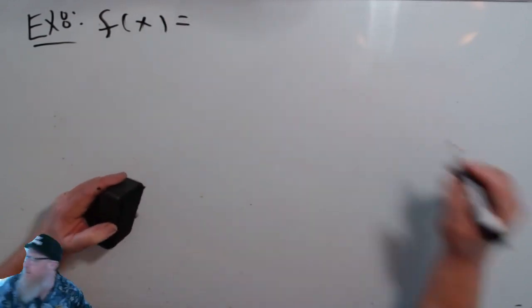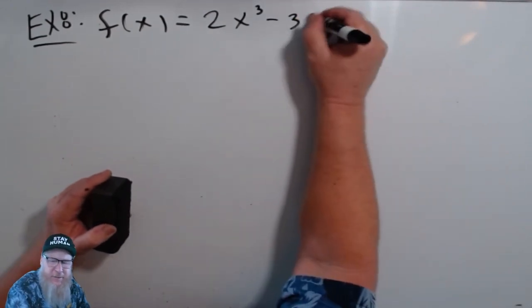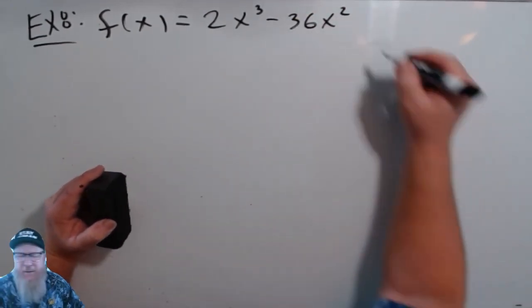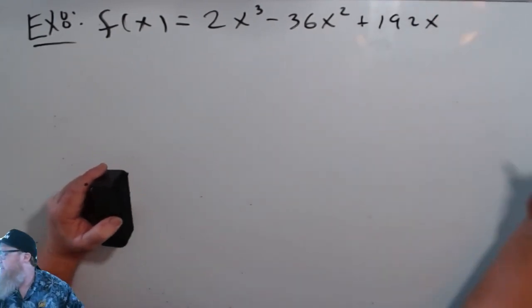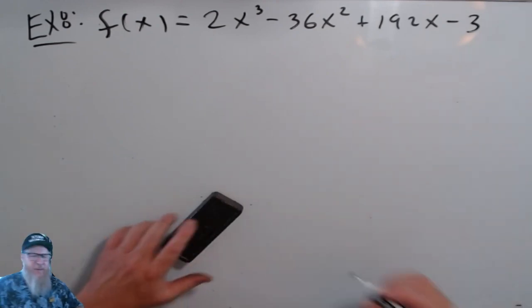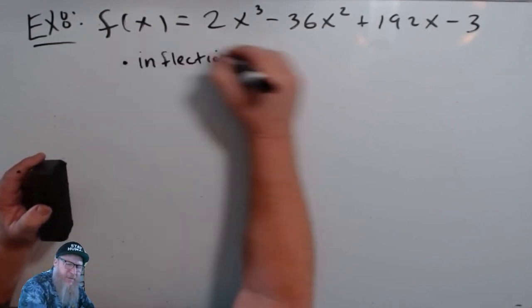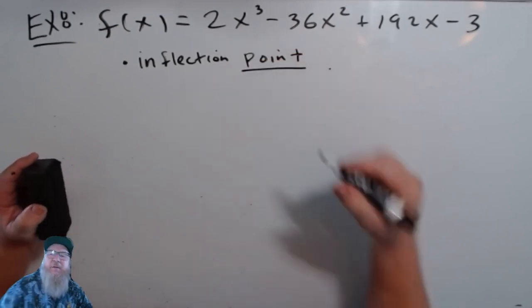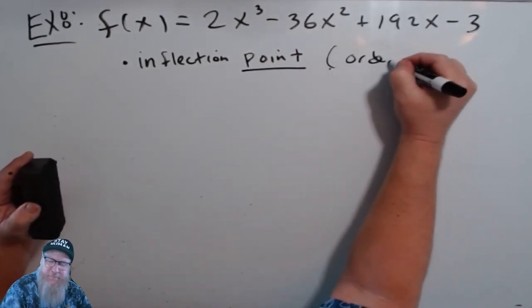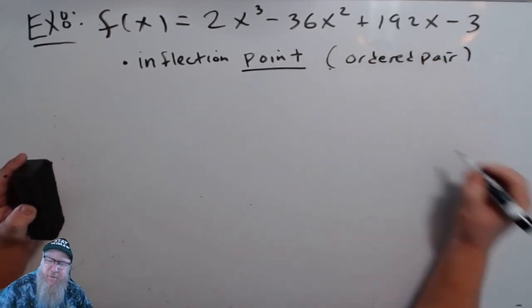Another cubic polynomial, 2x cubed minus 36x squared plus 192x minus 3. So find the inflection point. So I want both of them. Ordered pair, which means x and y.